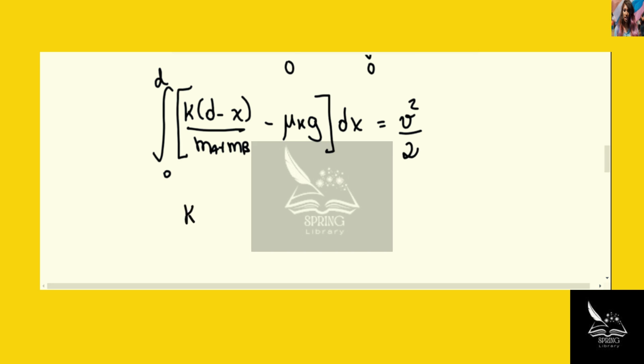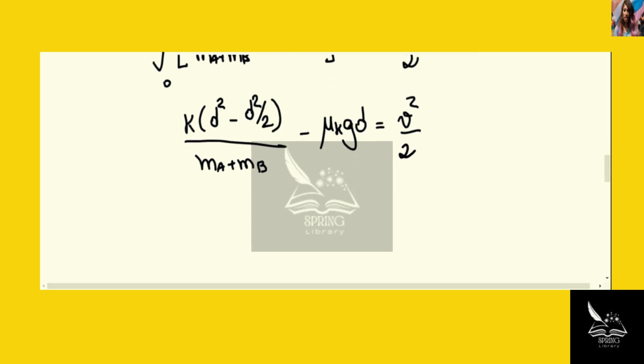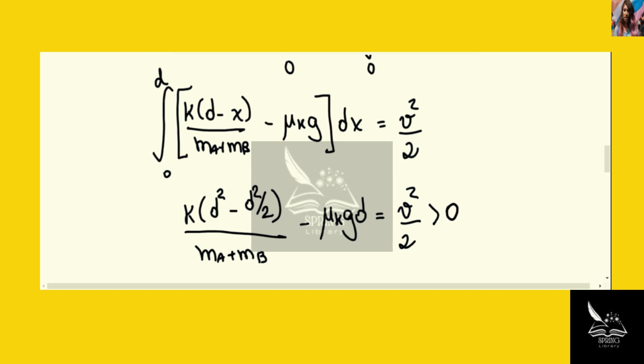So we have K times D squared minus D squared over 2, divided by MA plus MB, minus mu K G D, equal to V squared over 2. We need the speed to be greater than 0 if the blocks are going to separate at this point D, the upper limit of integration.